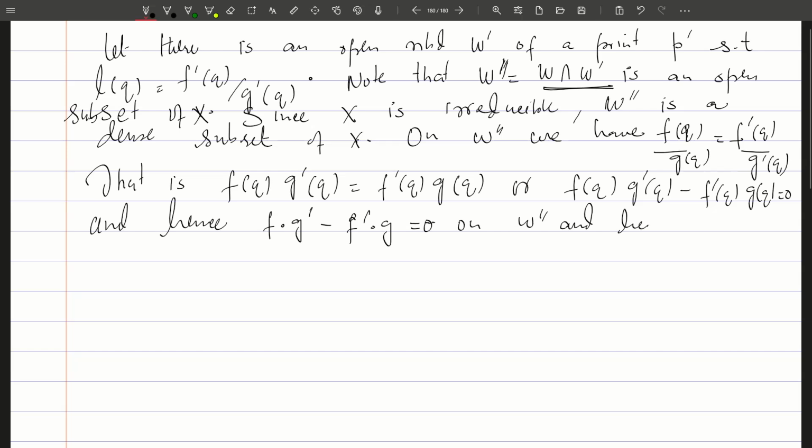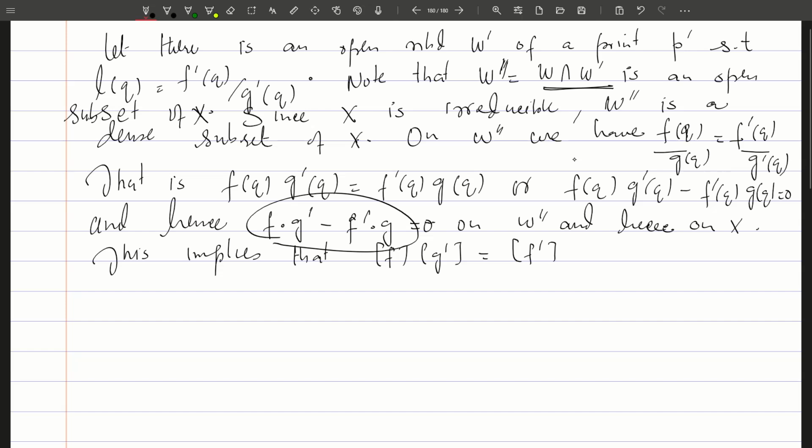Because F, F prime, G and G prime are elements of the polynomial ring, this polynomial is 0 everywhere because W double prime is a dense subset of X. So this implies that the class of F times the class of G prime is equal to the class of F prime times the class of G, or the class of F over the class of G is equal to the class of F prime over the class of G prime.